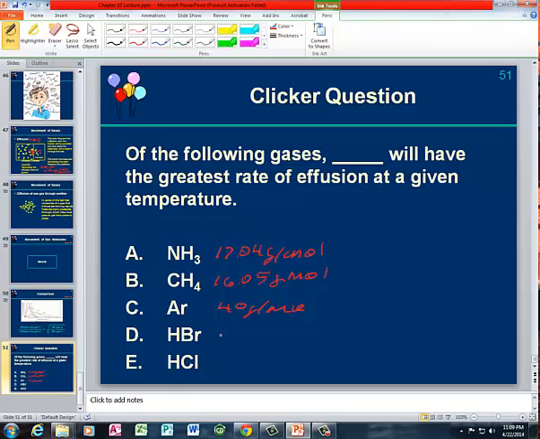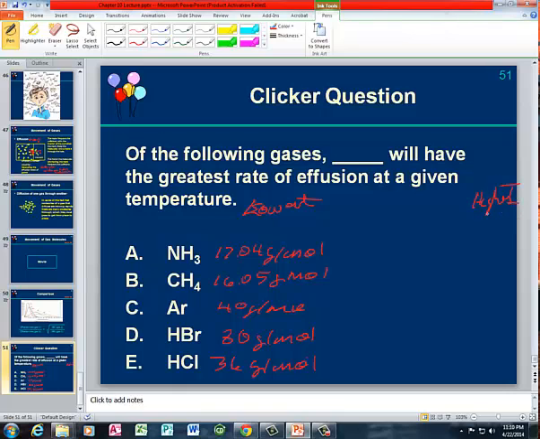HBr is quite a bit heavier, I think about 80 grams per mole. And hydrogen chloride about 36.45 grams per mole. So if I were to arrange these in order from lowest effusion rate to highest effusion rate.